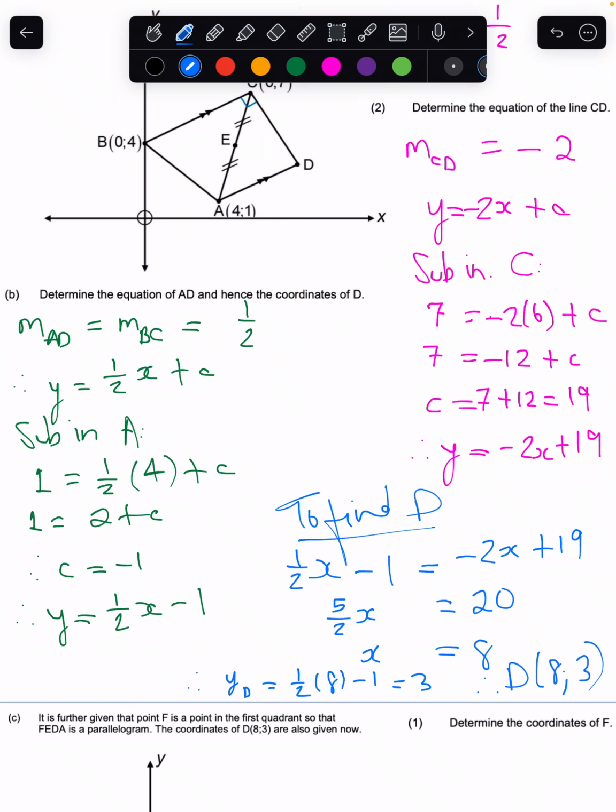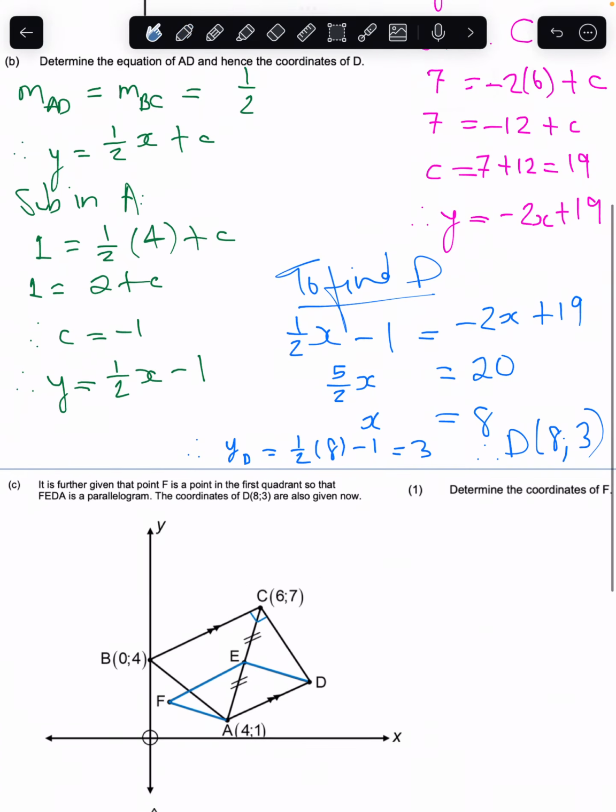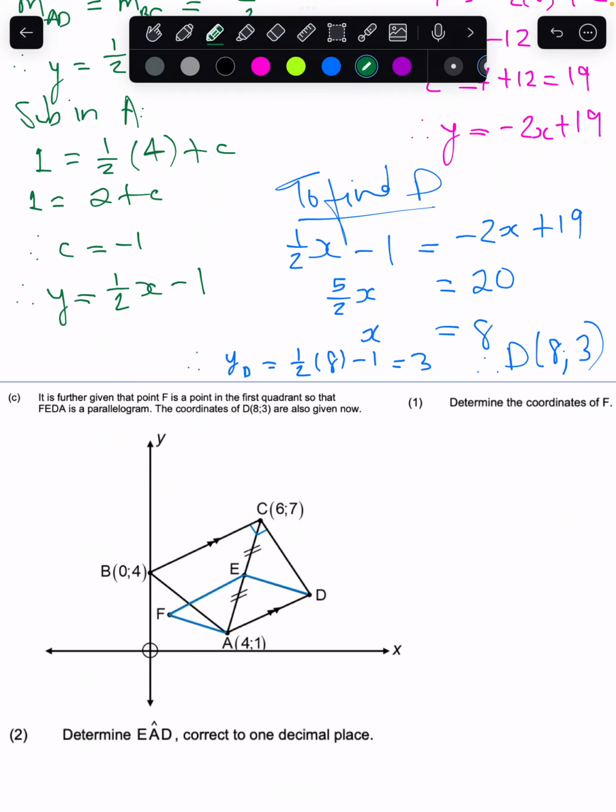So let's see. We have y is equal to 1/2x minus 1 as our equation, and the coordinates of D are 8 and 3. Awesome. Okay, so just going to quickly transplant that information to here.